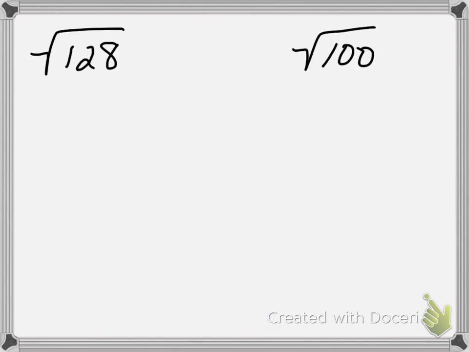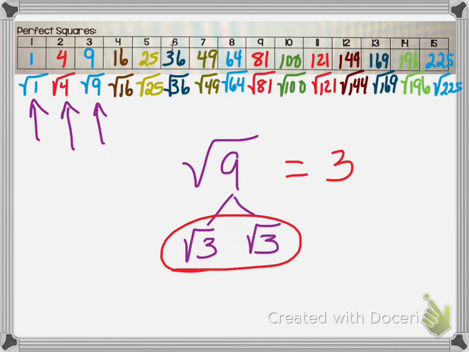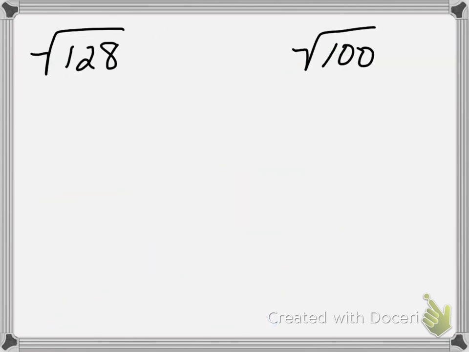Okay, 128. Let's first take a look at our perfect squares. It's between 11 and 12, so it's not a perfect square. I notice that it's even, so I divide it by 2. So I know that radical 2 and radical 64.